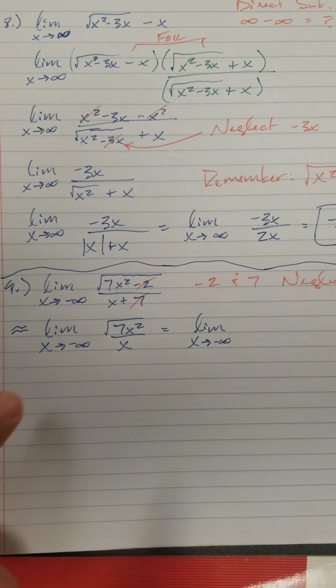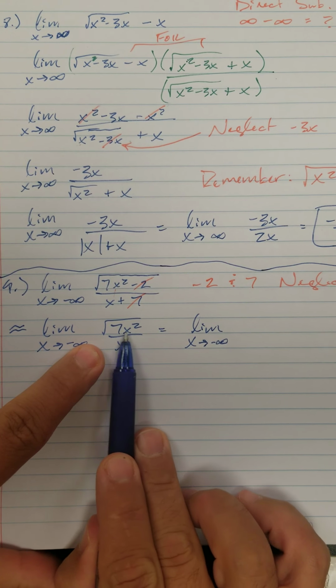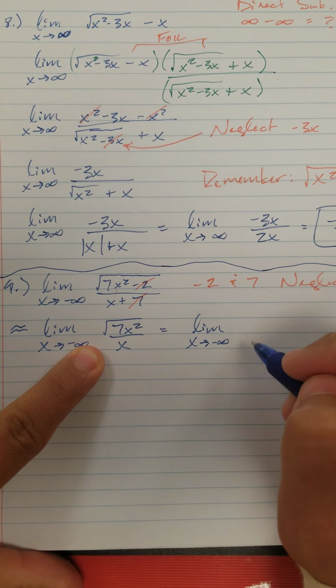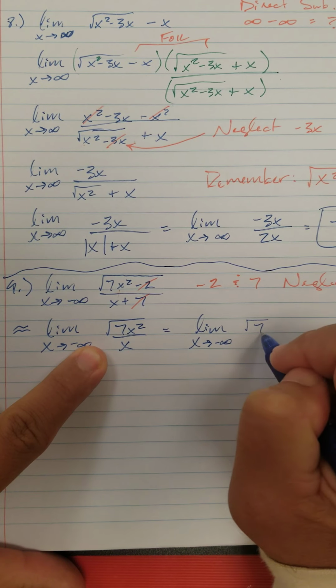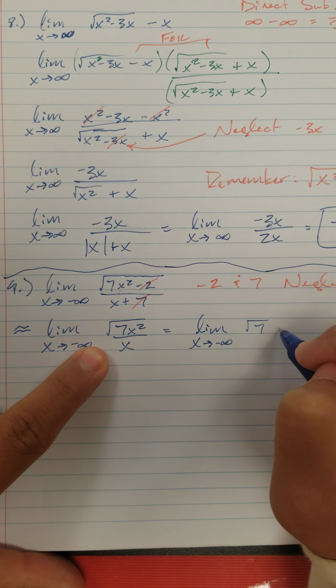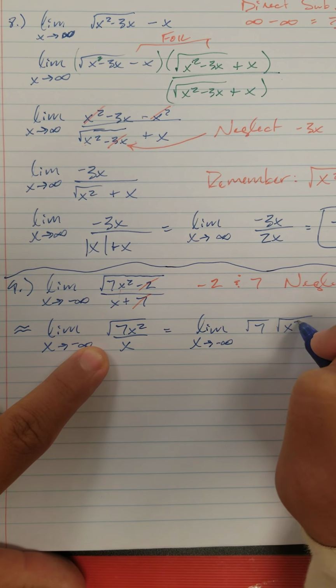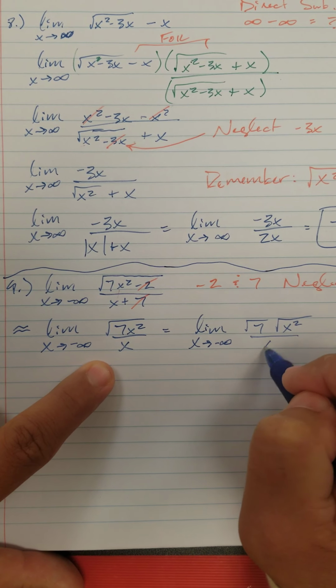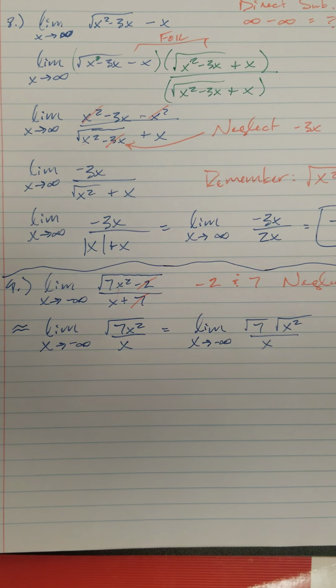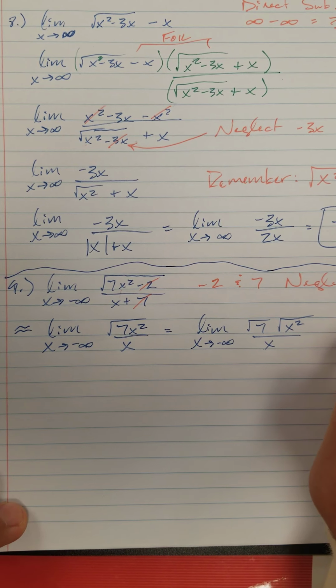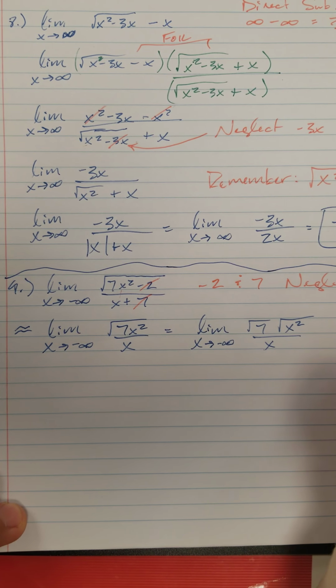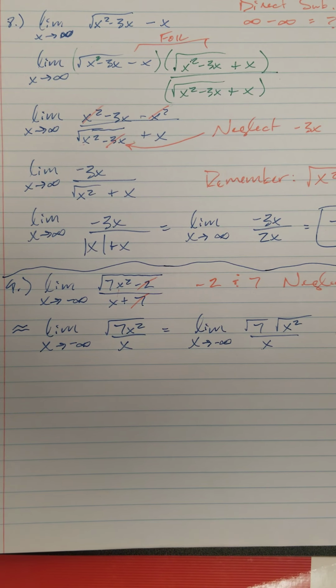Now, using your property, you're looking at a product under that square root, so we can say that this is the square root of 7 times the square root of x squared. Remember that the square root of x squared is the absolute value of x again.